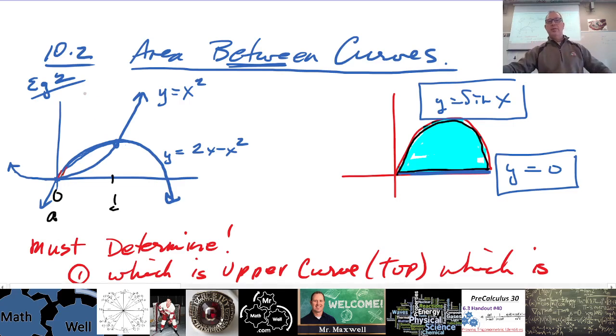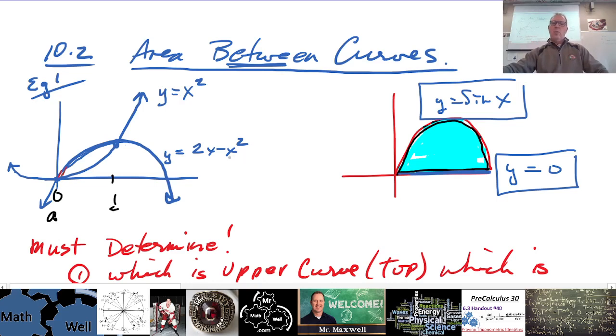Here's an example that would be a good one to consider. What happens if we have a graph of y equals x squared, which is a typical standard parabola with the vertex at 0, 0, and another graph that's overlapping that, on top of that, that's y equals 2x minus x squared.